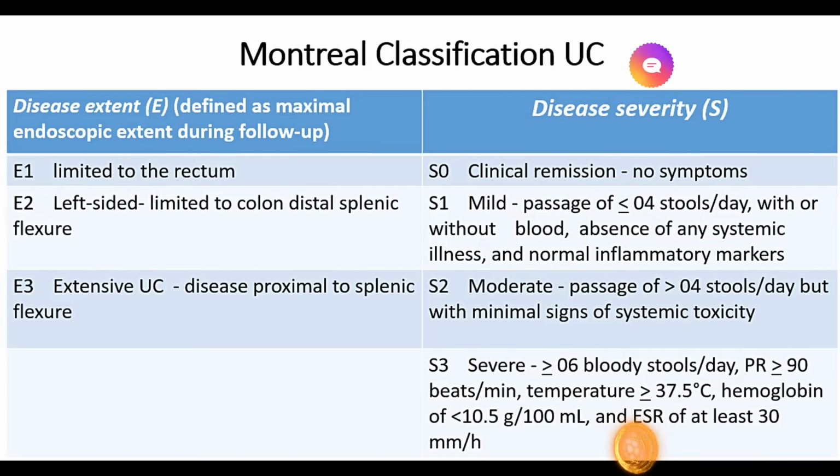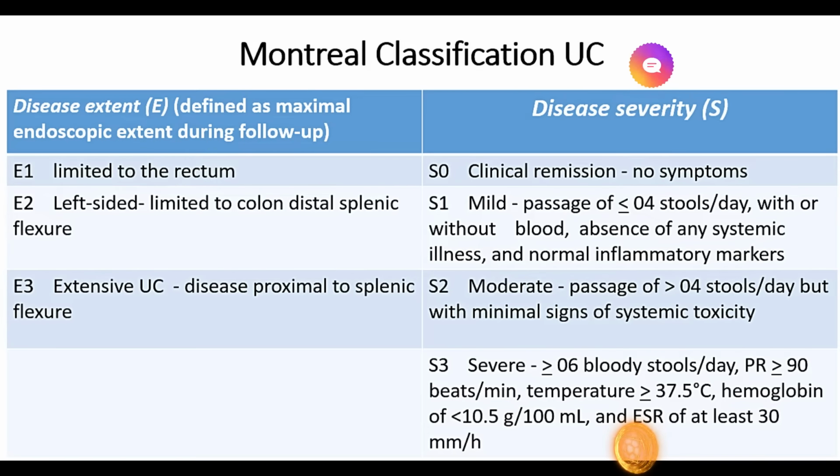S2 is moderate, with more than 4 stools per day but minimal signs of systemic toxicity. If the patient has systemic toxicity, or 6 or more stools per day with tachycardia, fever, low hemoglobin or raised ESR, it is labeled as severe disease, that is S3.